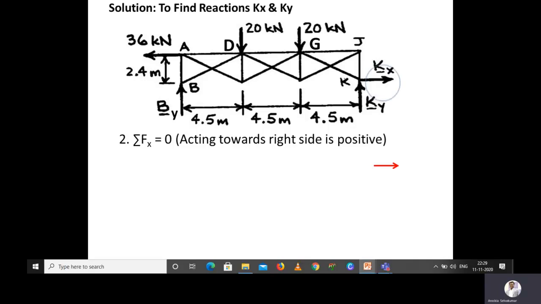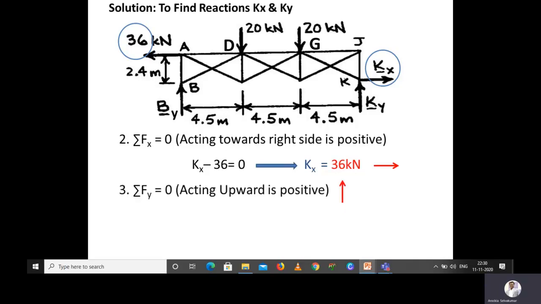So if we are substituting, then it will be Kx will be in positive and 36 kilonewton will be in negative. So summation of forces along the x direction or horizontal direction, Kx minus 36 is equal to 0. So based on that we can get Kx is equal to 36 kilonewton. Okay. So our assumption is correct, that is it is acting towards right side.